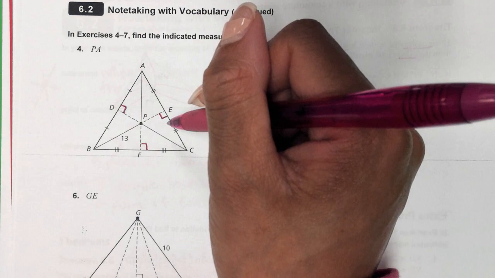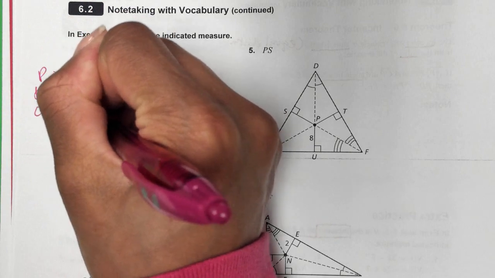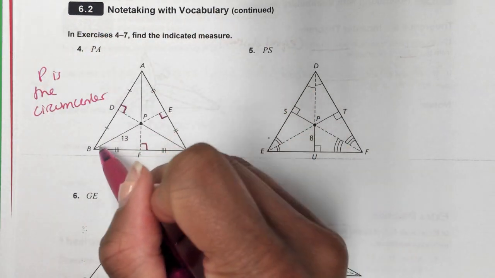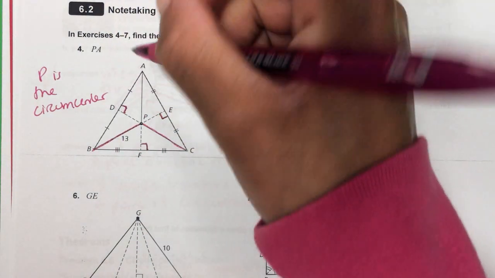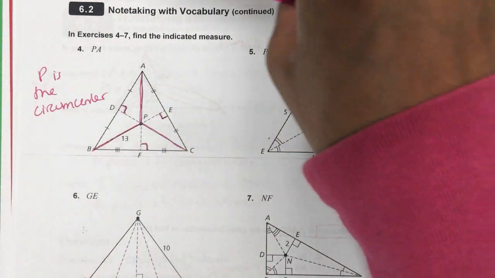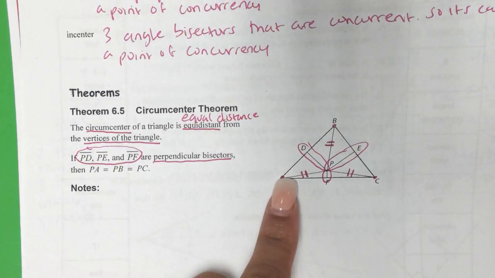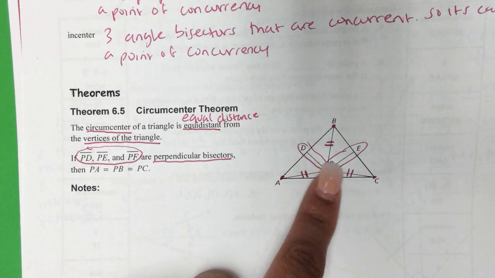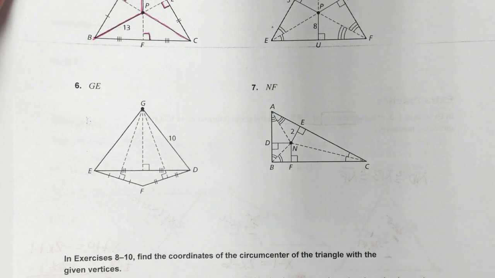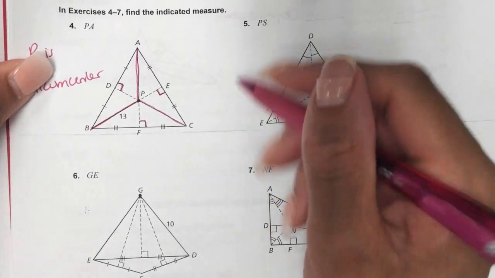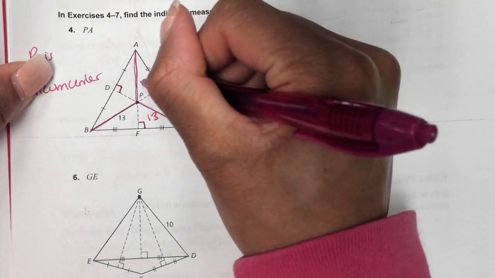But I actually know P is the circumcenter, because of the distance from the vertices to the center of our triangle. And circumcenter says, if we go to that first page, that they're congruent to each other if these are perpendicular bisectors. So that means if PB is 13, then PC must also be 13. And that also means that PA is also 13.